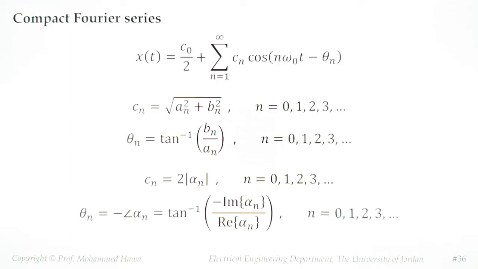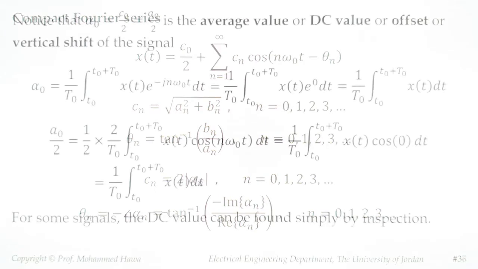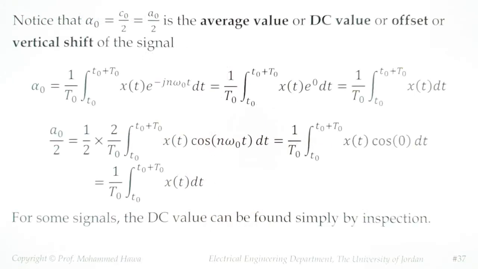If you don't want to evaluate the trigonometric form and you evaluated the complex exponential form, fine, it's also related to the compact form. 2 multiplied by the magnitude of this complex number gives you Cn, and minus the angle of that complex number gives you theta n. So it's easy to go from the trigonometric form to the compact form, or the complex exponential form to the compact form. Let's conclude this video with a few ideas related to Fourier series.